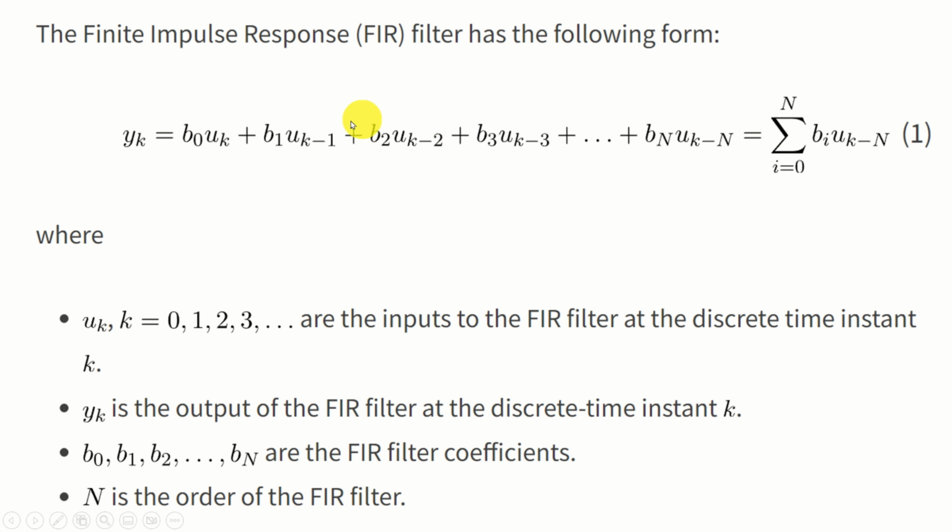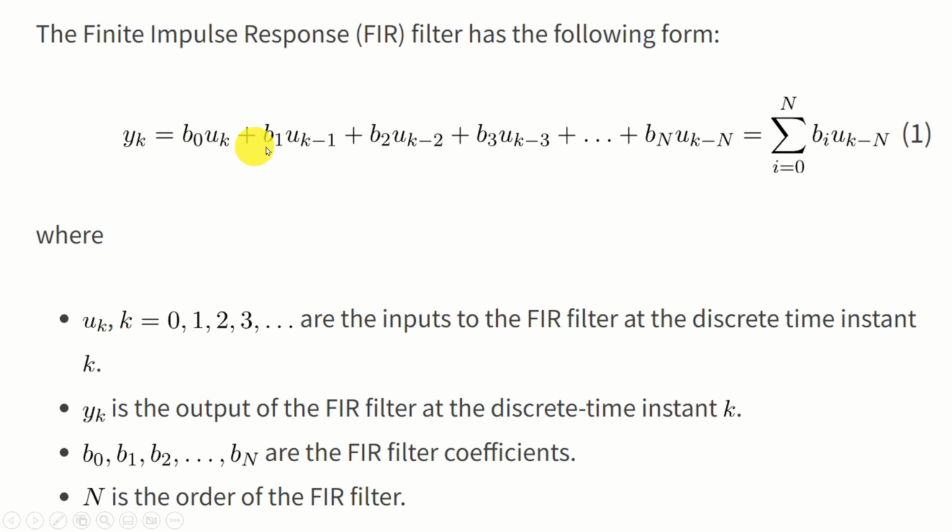In this equation, u_{k-1}, u_{k-2}, u_{k-3} until u_{k-n} are the inputs of the FIR filter at the discrete time instances k, k-1, k-2, k-3, and until k-n. y_k is the output of the FIR filter at the discrete time instant k.